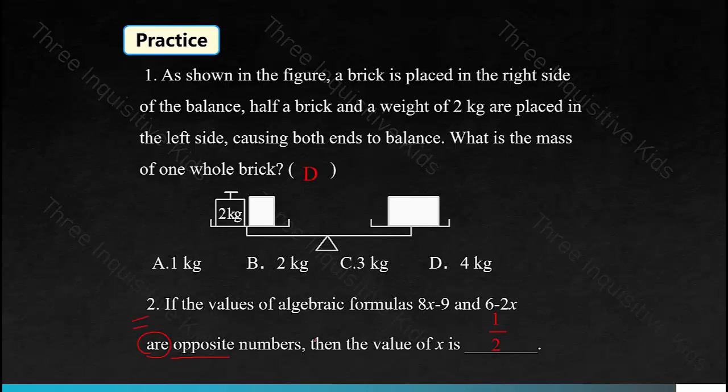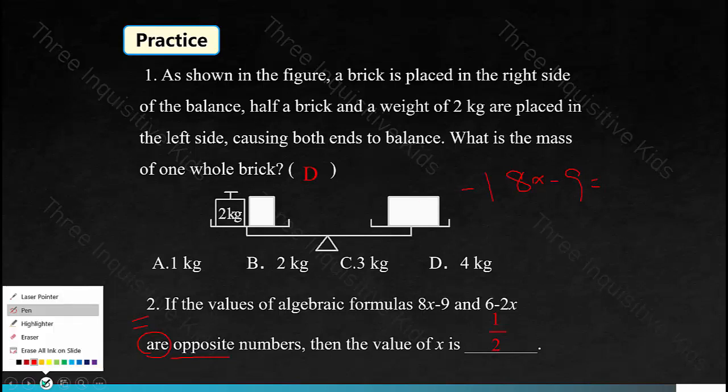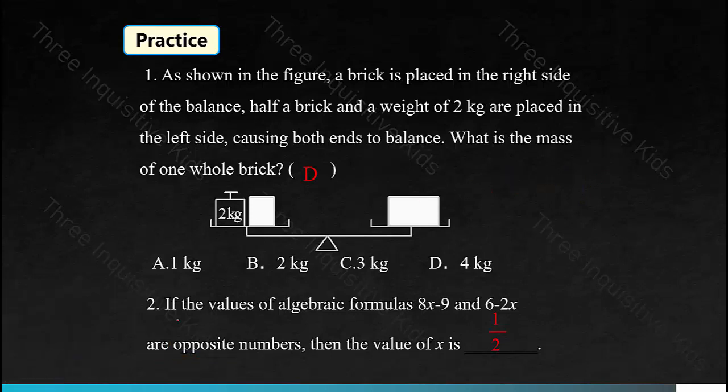Okay. So because they are opposite, then 8x minus 9 is equal to, let me write this somewhere else. So are and opposite. So we have negative 8x minus 9, because remember they're opposite numbers, is equal to 6 minus 2x.